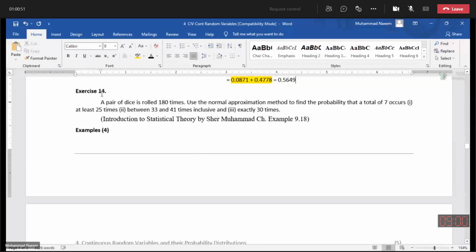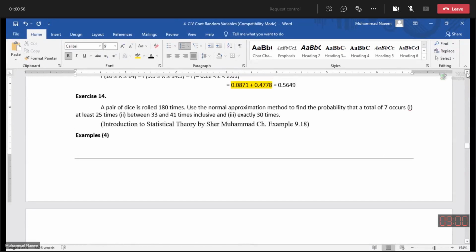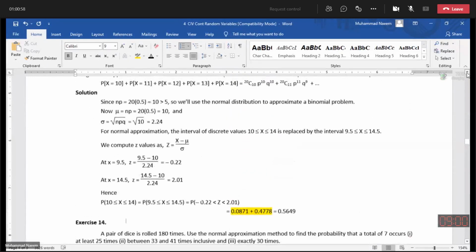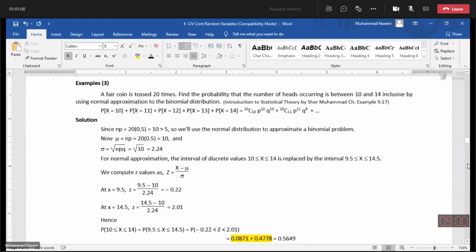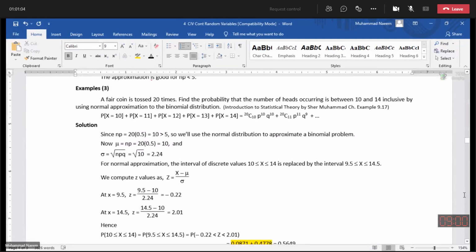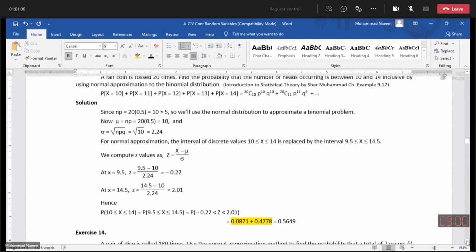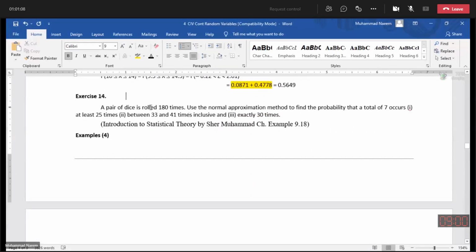So we have this normal approximation necessarily to apply when we have such a situation. For example, a pair of dice is rolled 180 times. Use the normal approximation. Otherwise, it is too difficult to expand a binomial expansion with power 180.